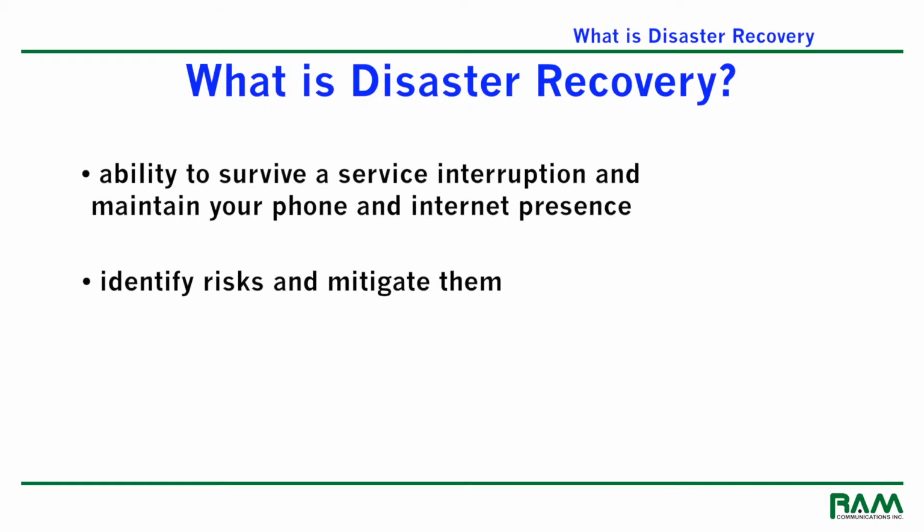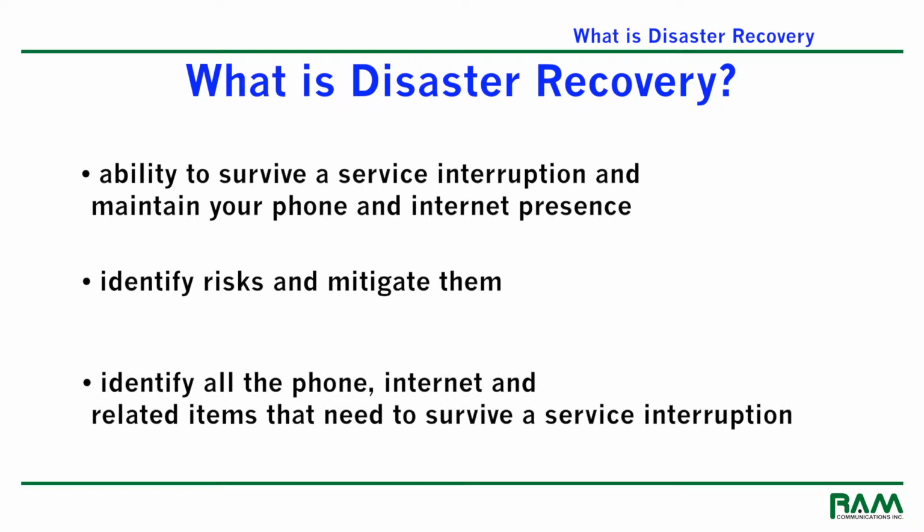The disaster recovery plan will identify all the phone, internet, and related items that need to survive a service interruption. Once you have this information assembled, your organization can choose from a variety of equipment and services designed to help your assets perform during an outage event.